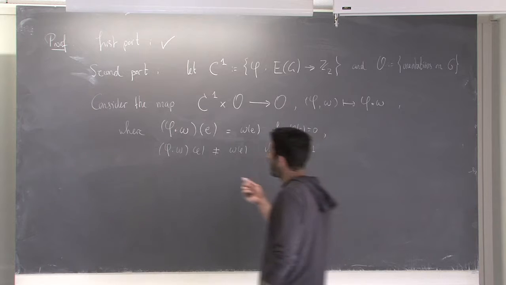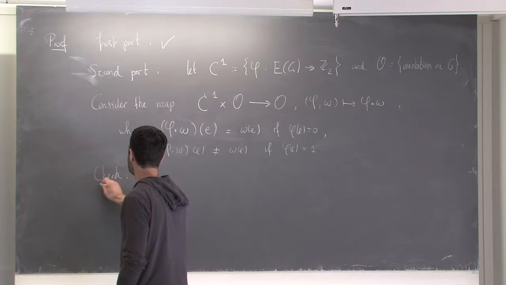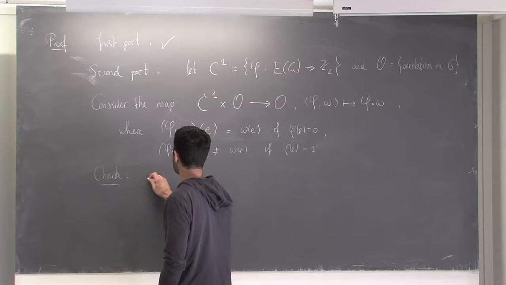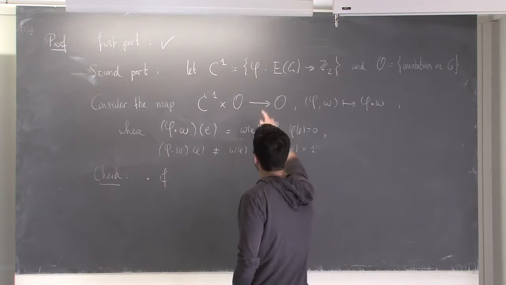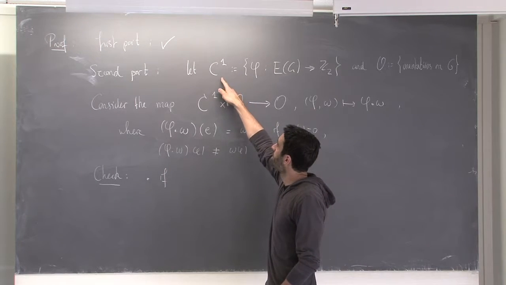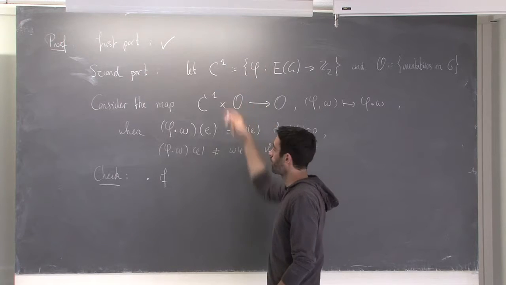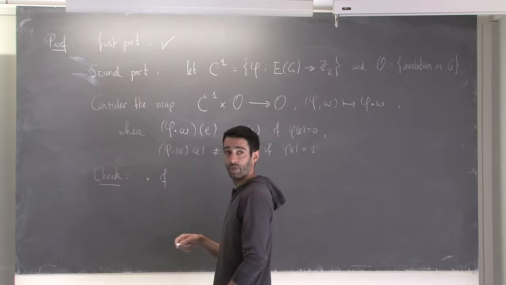And then you just check, well, the first thing you check is that, so I don't know if you remember, we had some kind of sequence with C1, C2, etc. And we had these kind of boundary operators.